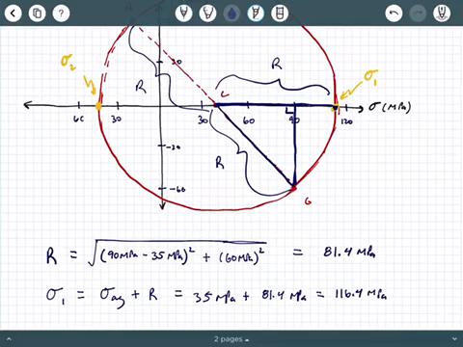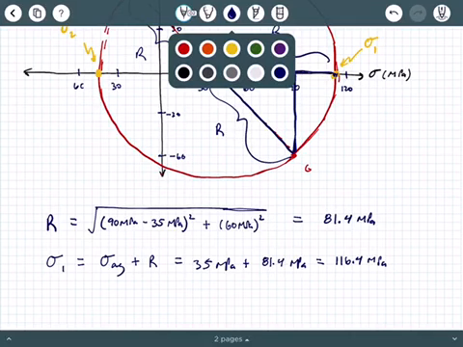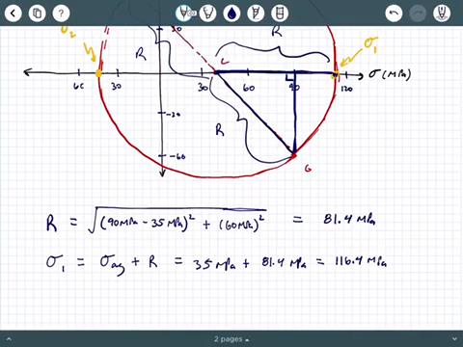The center coordinate was defined by sigma average, so sigma average plus the radius is 35 megapascals plus 81.4 megapascals, and we get a sigma 1 value of 116.4 megapascals.